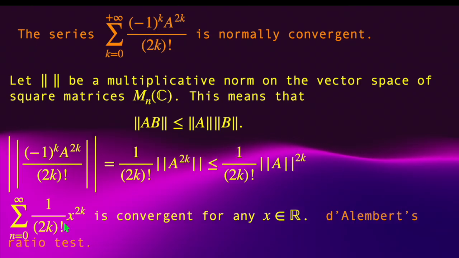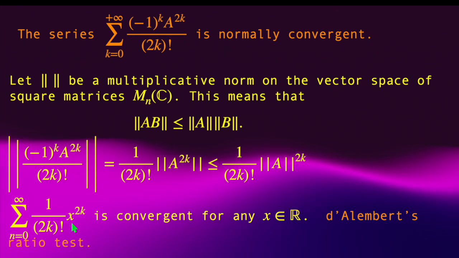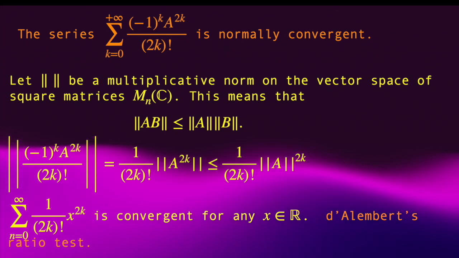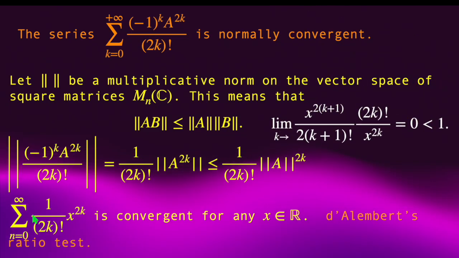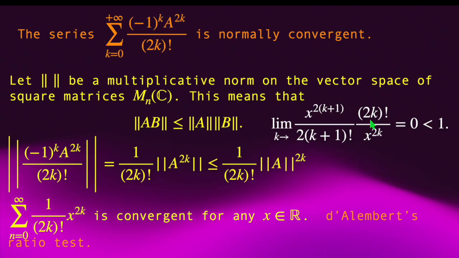With the D'Alembert ratio test, we compute the limit of u n plus 1 over u n, and if we compute the norm of u k plus 1 over u k, we get that this limit is equal to 0.